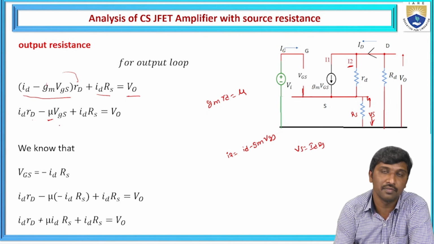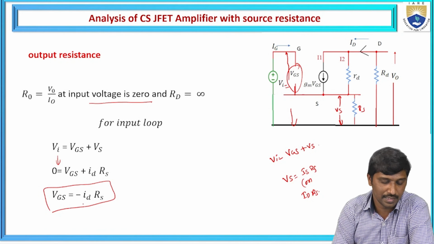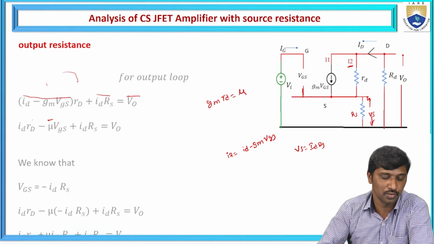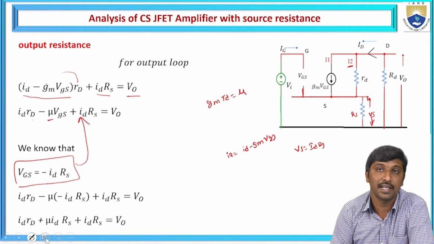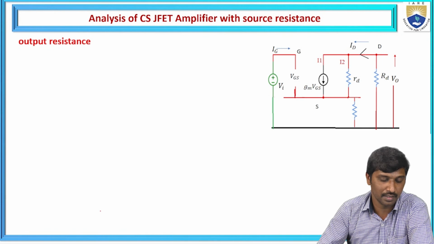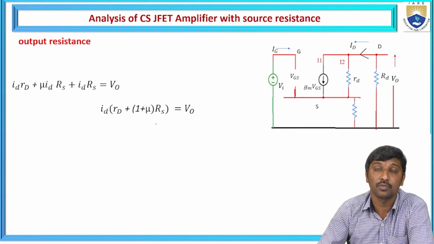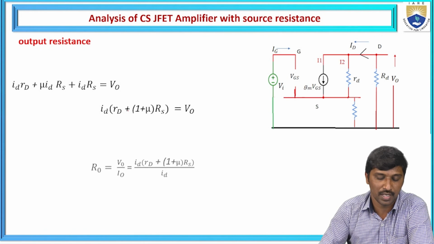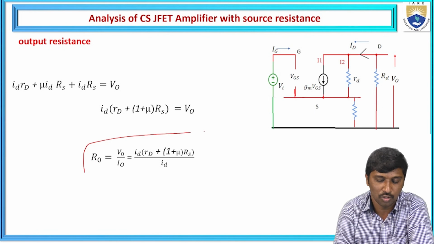So we observed this VGS parameter. Just now we observed that VGS is equal to minus ID into RS. Hence, I'm going to substitute VGS equal to minus ID into RS in this relation to simplify this output parameter. From that, I determine V naught is equal to ID times rd plus 1 plus mu times RS. Now I'm going to substitute into the output impedance.